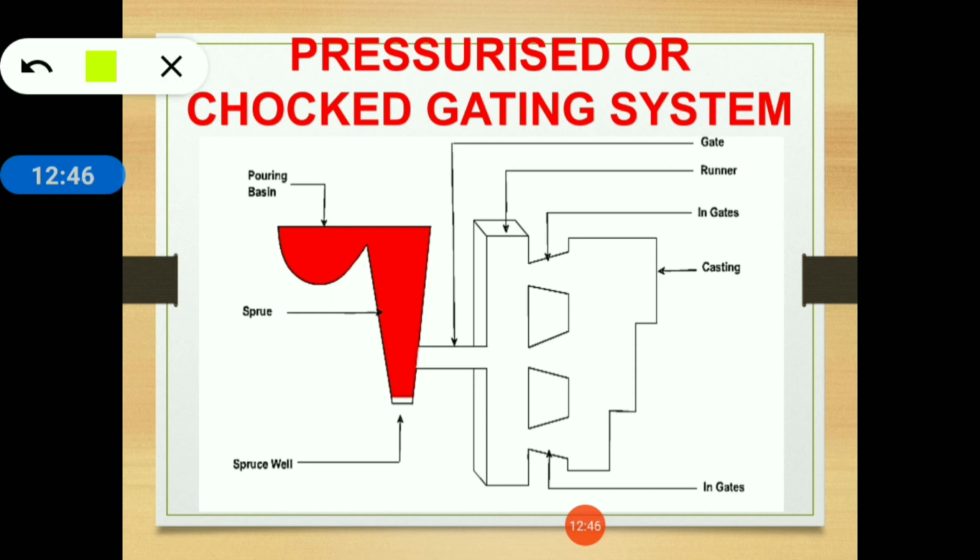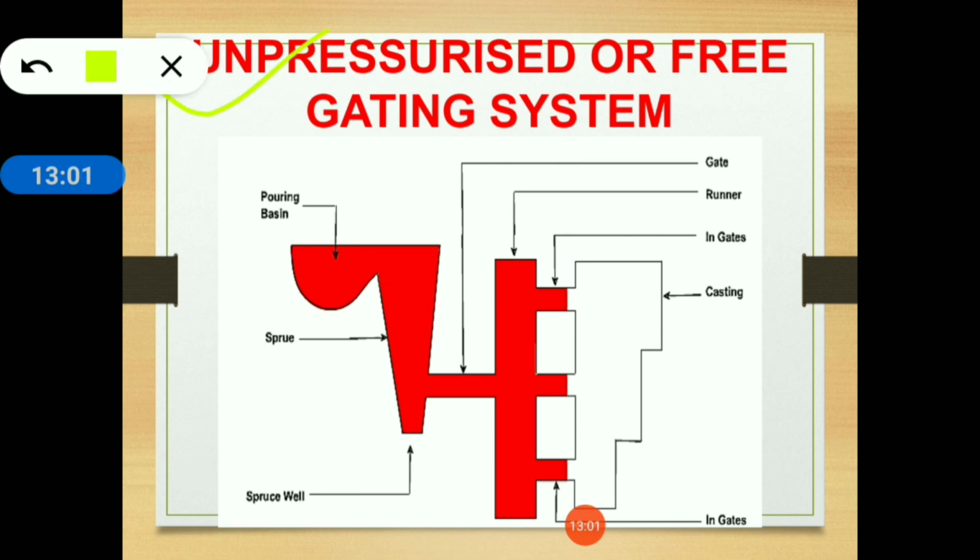Here, this is a pressurized gating system in which the sprue base area is unity, and the remaining areas, this runner area and this gate area, are reduced in size. In the unpressurized gating system, the sprue base area is unity and the runner and gate areas increase.